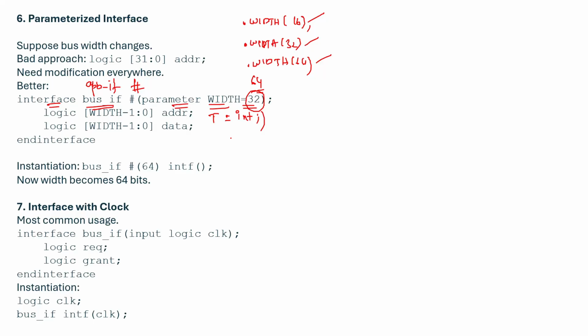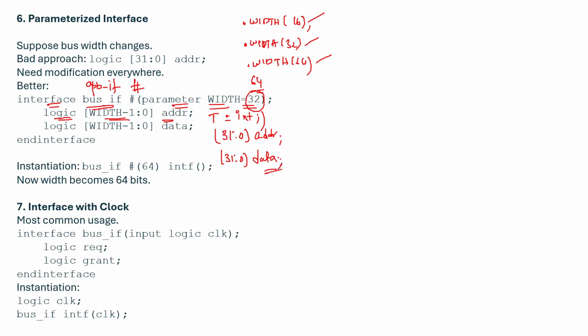See here, logic width minus 1 down to 0 address. That is equivalent to 31 down to 0 of address. Similarly, data also 31 down to 0 of data.